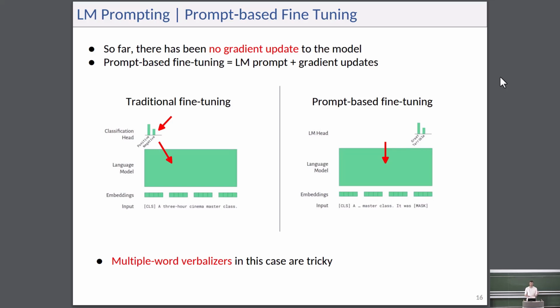And the second point, as maybe some of you want to guess, what's the issue with just prompt-based fine-tuning? Just recall, we're not propagating to the layers on top, we're propagating to the language model. So we're using the prompting to perform gradient updates on the language model itself. What was the thing that we were trying to get away from?